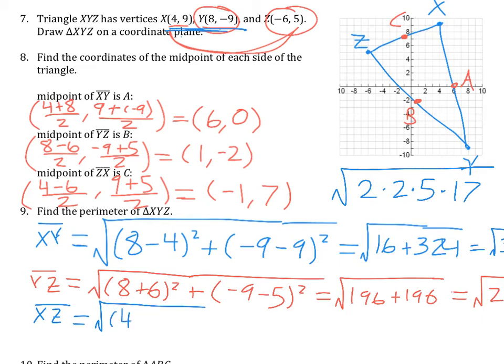So I want to do 4 minus negative 6. Double negative becomes plus. 9 minus 5. So that gives us 4 plus 6 is 10. 10 squared is 100. 9 minus 5 is 4. 4 squared is 16.